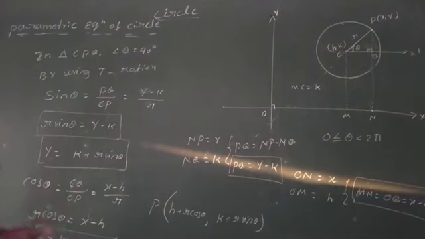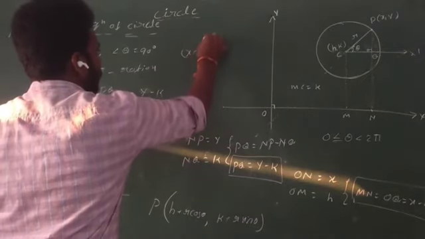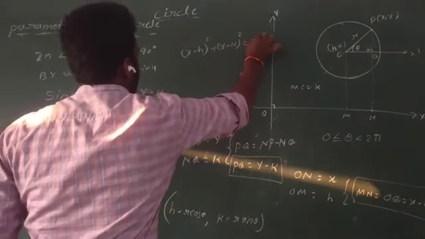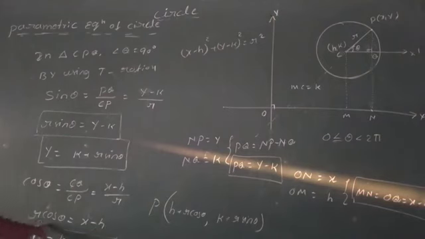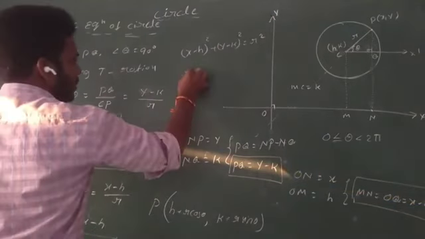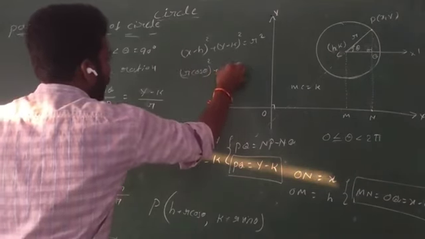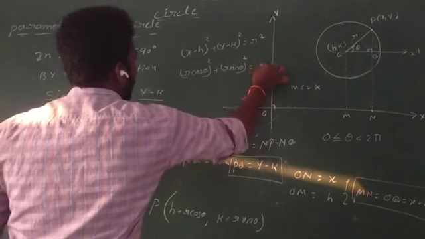We already know the general form: x minus h whole square plus y minus k whole square is equal to r square. Since x minus h is r cos theta, we get r cos theta whole square plus r sin theta whole square equals r square.